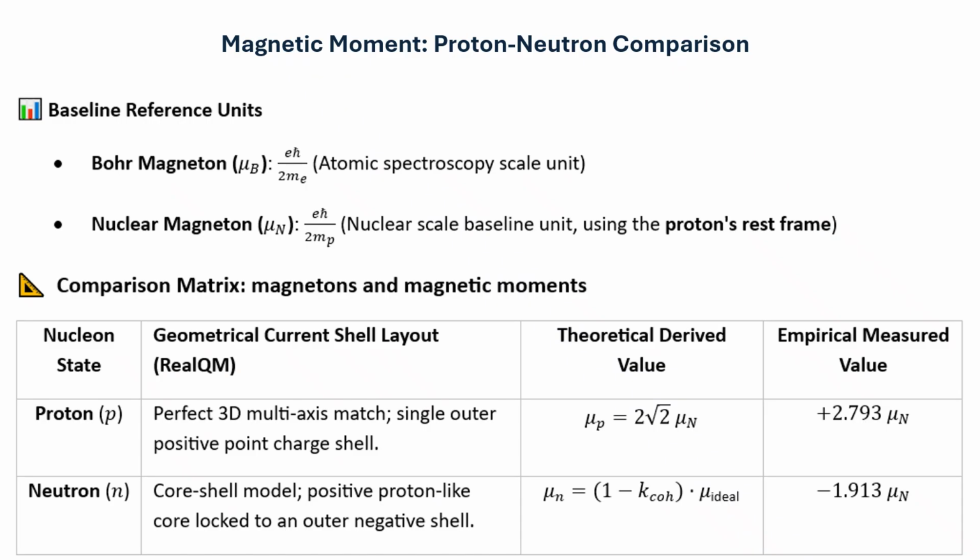We have only one single outer positive point charge shell. For the neutron, we have a core shell model, a positive proton-like core, which is locked into an outer negative shell. For the theoretical values of the magnetic moment, we have 2 square root 2 times the nuclear magneton.